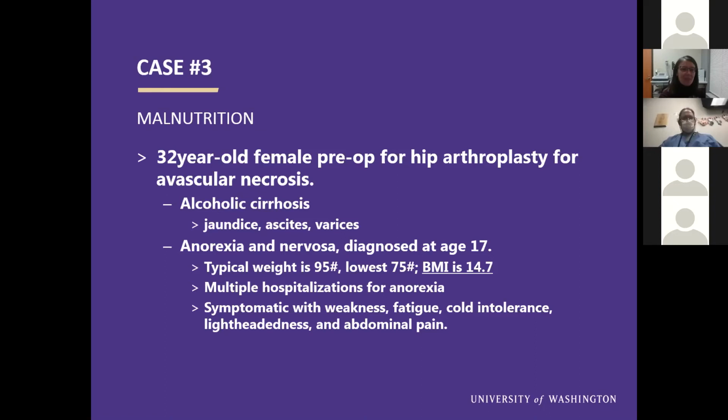Her typical weight is only 95 pounds, and her lowest weight was 75 pounds. She's been hospitalized multiple times, and her BMI in clinic today is only 14.7. We discussed hospitalization from clinic, and in the end didn't do that. But she was symptomatic with weakness, fatigue, cold intolerance, lightheadedness, and abdominal pain, all typical symptoms of severe malnutrition.